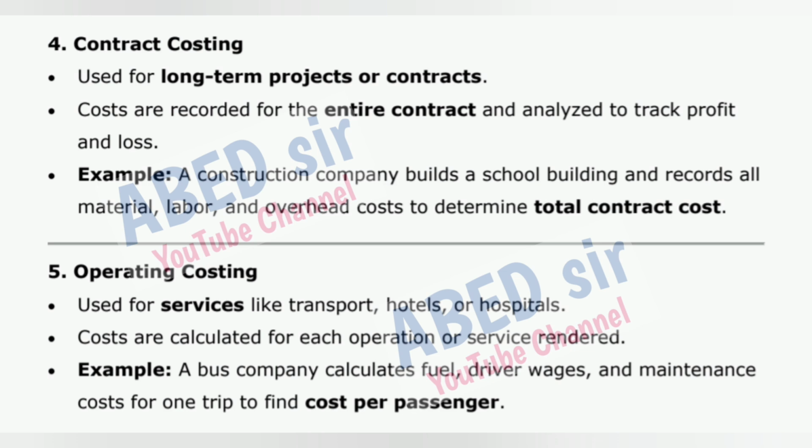Operating costing. Used for services like transport, hotels, or hospitals. Costs are calculated for each operation or service rendered. Example, a bus company calculates fuel, driver wages, and maintenance costs for one trip to find cost per passenger.